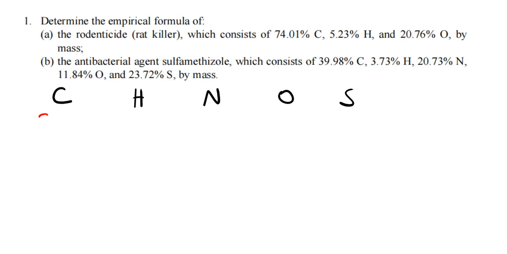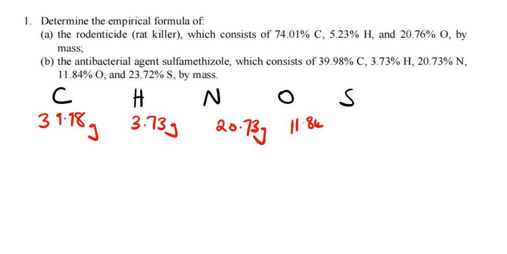I've got 39.98 grams. For hydrogen, I've got 3.73 grams. For nitrogen, 20.73 grams. For oxygen, 11.84 grams. And for sulfur, I've got 23.72 grams.